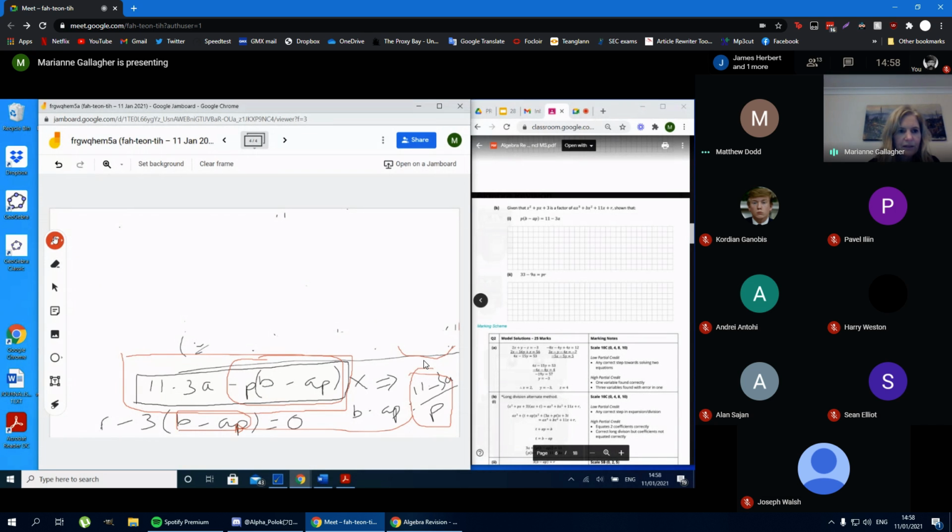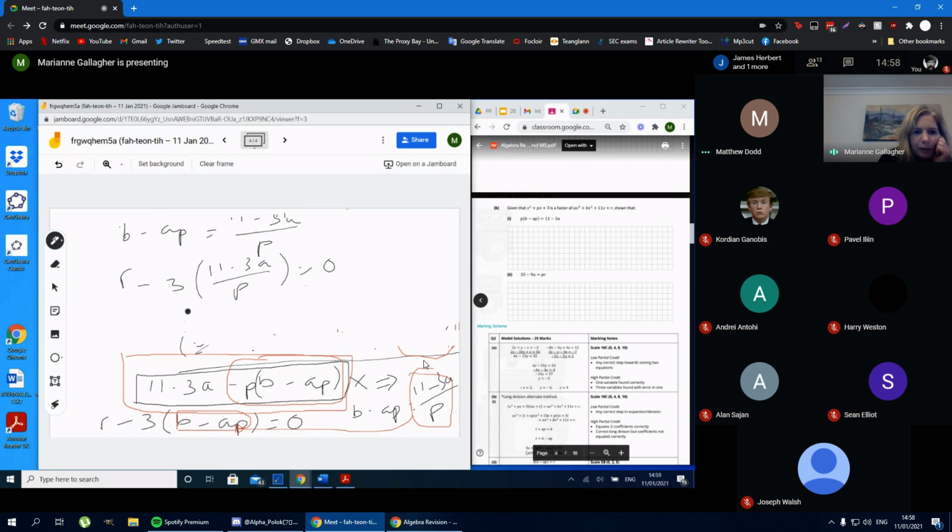So I know that B minus AP from part 1 is equal to 11 minus 3A all over P. So I changed that second part then to R minus 3 times 11 minus 3A over P is equal to 0, because the remainder of the division has to be 0. Get rid of my fractions.